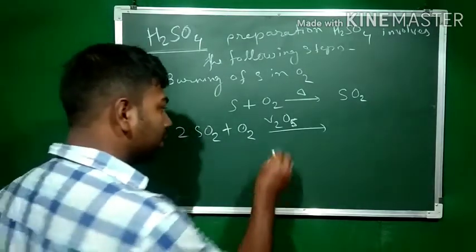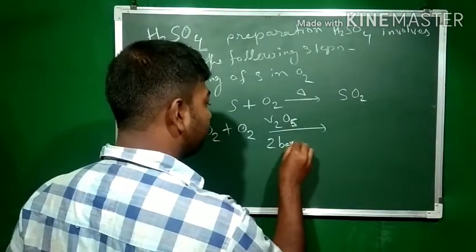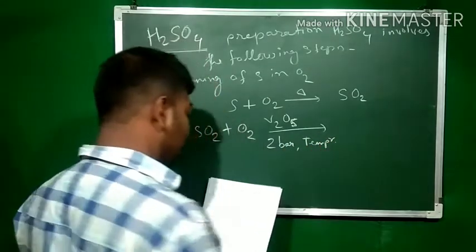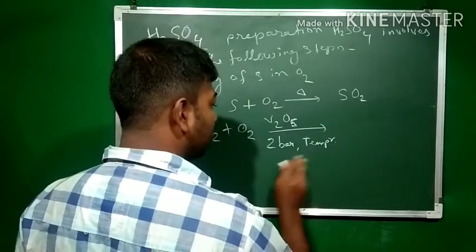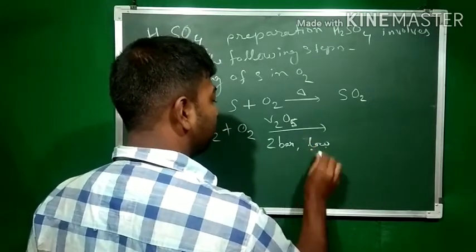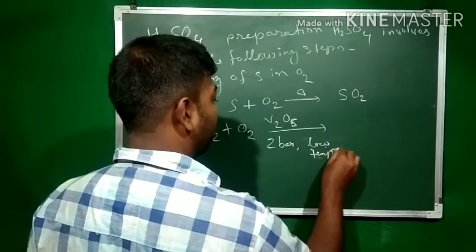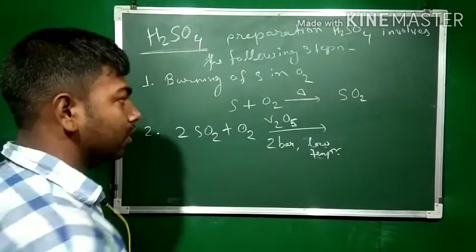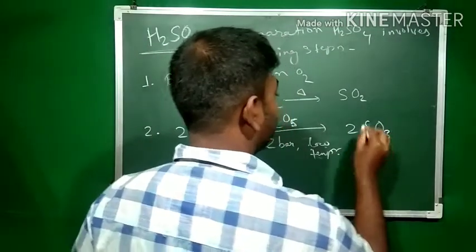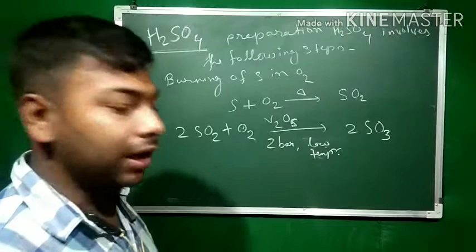And another condition is pressure of 2 bar and temperature is suppose low temperature. You can give low temperature, and we get 2 moles of sulfur trioxide.